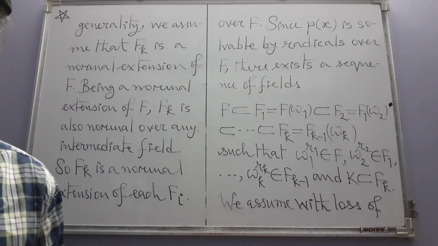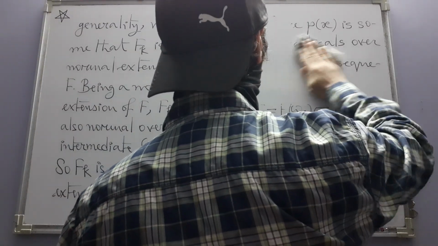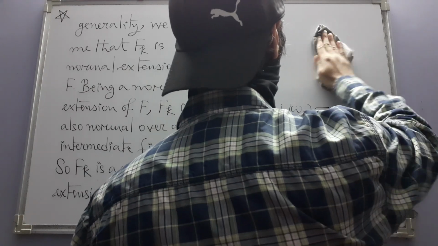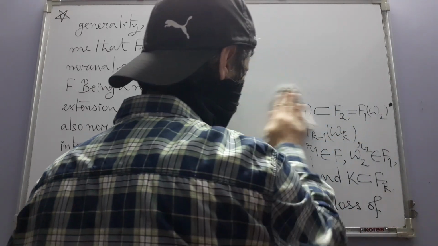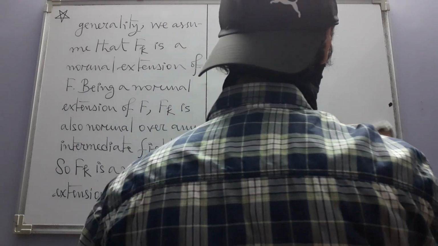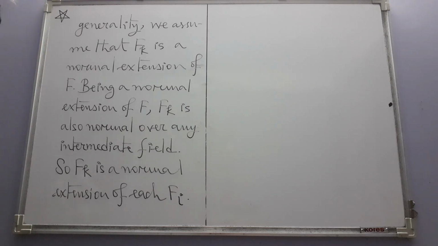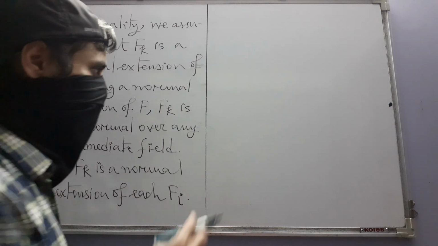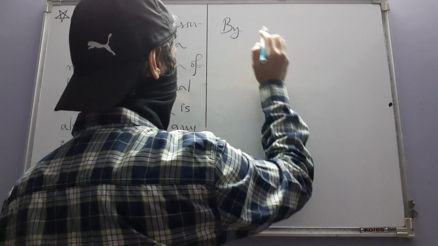Now, next, what our author says is that each Fi is a normal extension of the previous field Fi minus 1. And this follows from lemma 5.7.3. The question is how? Let me first write this in another paragraph.